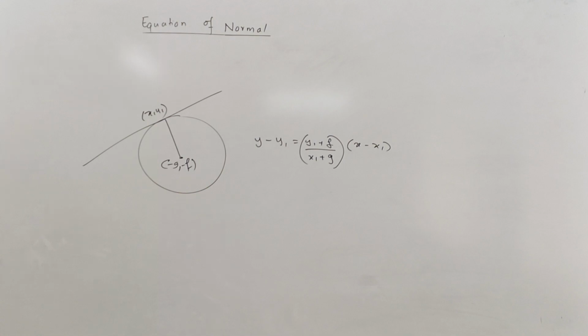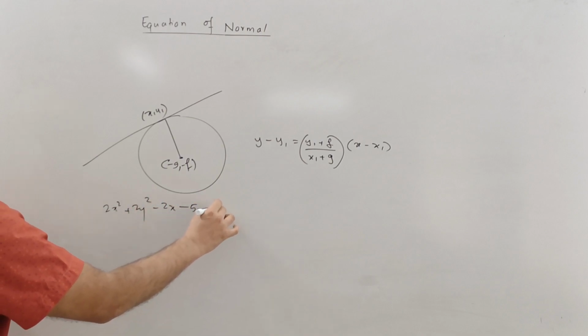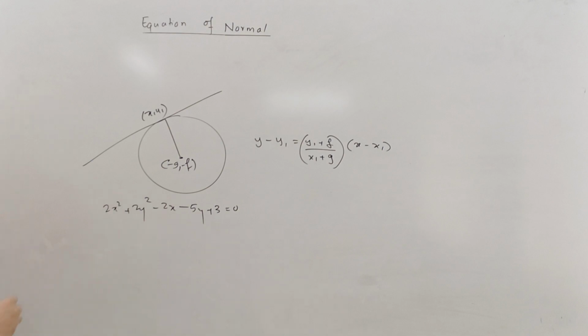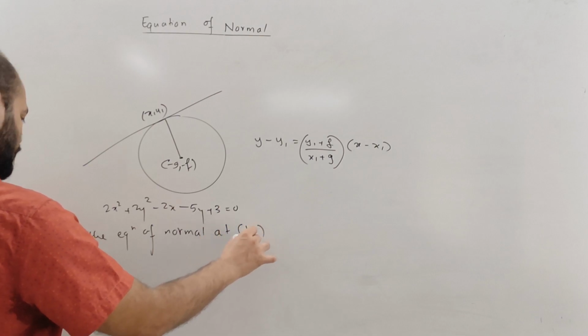Let us say that we have the circle given as 2x square plus 2y square minus 2x minus 5y plus 3 equals to 0. Find the equation of the normal at 1, 1.